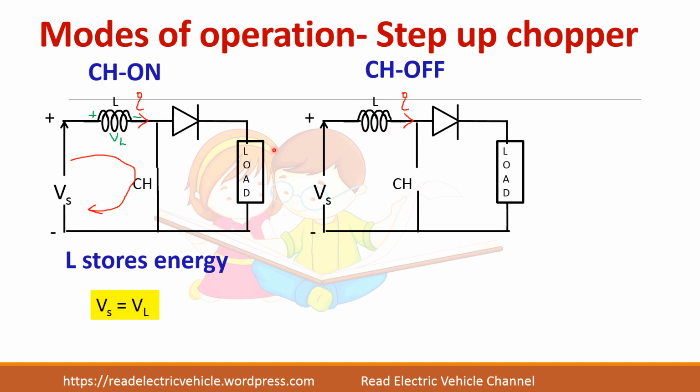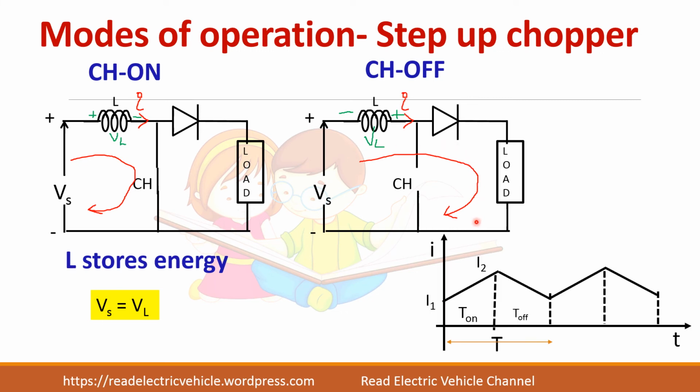Initially it was flowing in this direction, so it will allow the current to flow in the same direction only. So current flows in this direction. Now if you write the equation, Vs plus VL is equal to V0, output voltage. So we can find that V0 is greater than Vs.